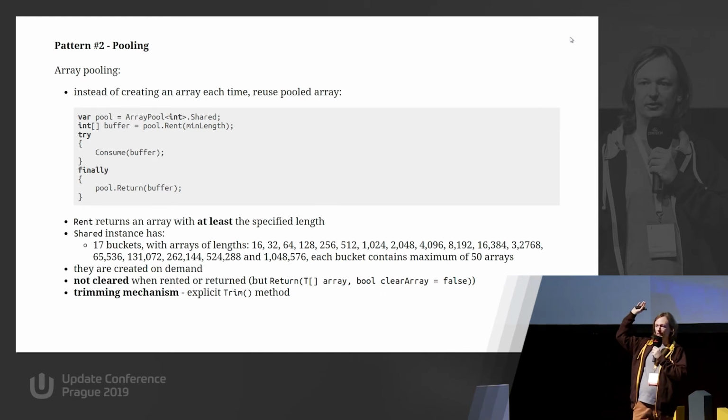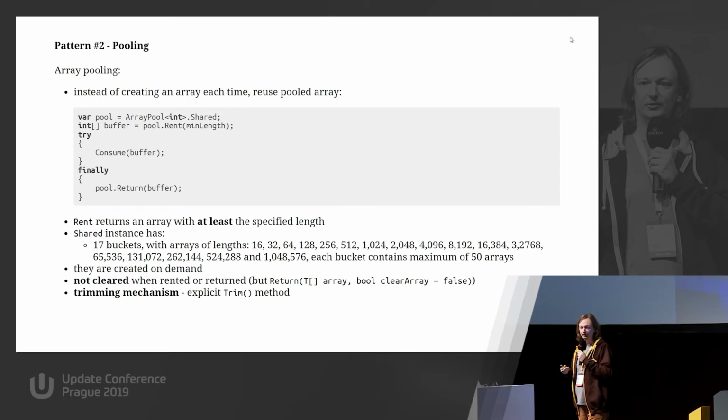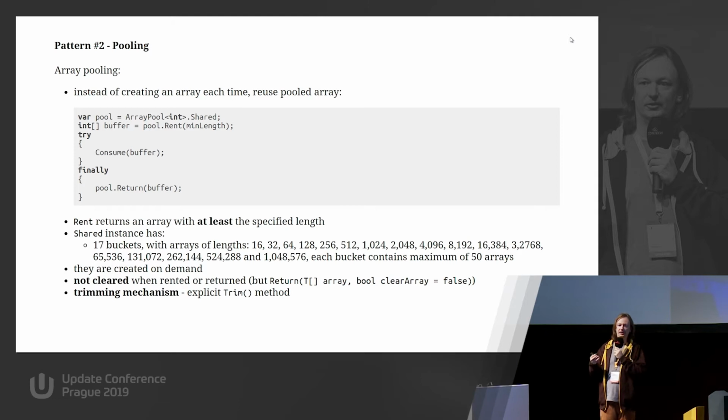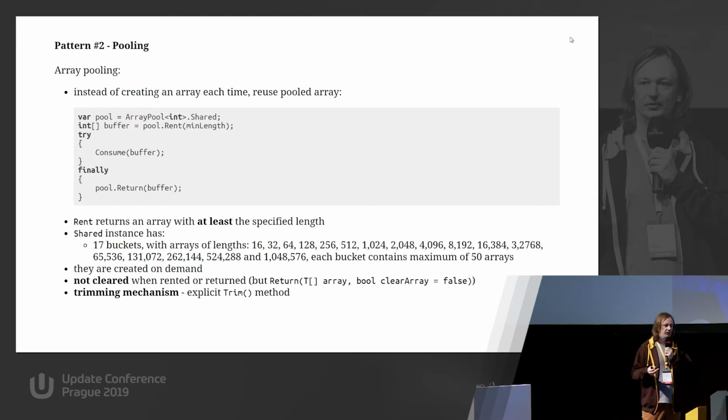In your code, a few hands raised. So this is a very simple API as you see. We have an array pool shared instance. We can rent an array from it, operate on it because we get a regular array, and when we are done, we need to return it to the pool.